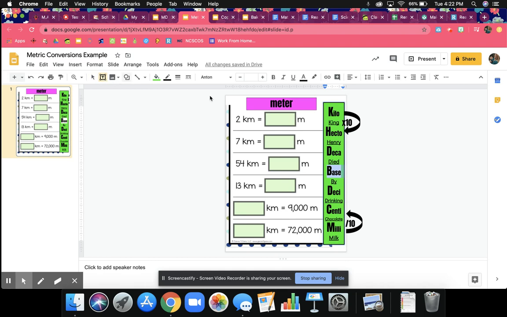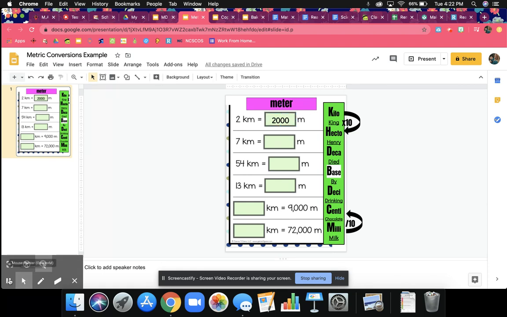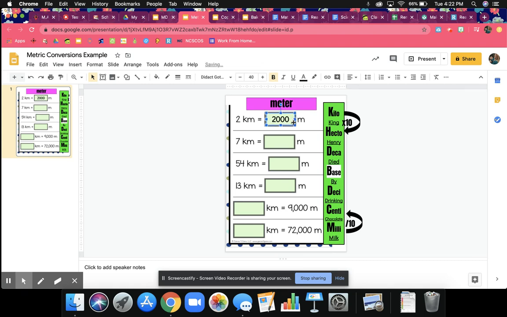So we know that there are 2,000 meters in 2 kilometers. Okay, so we're going to go to our next one. The next one we have is 7 kilometers.